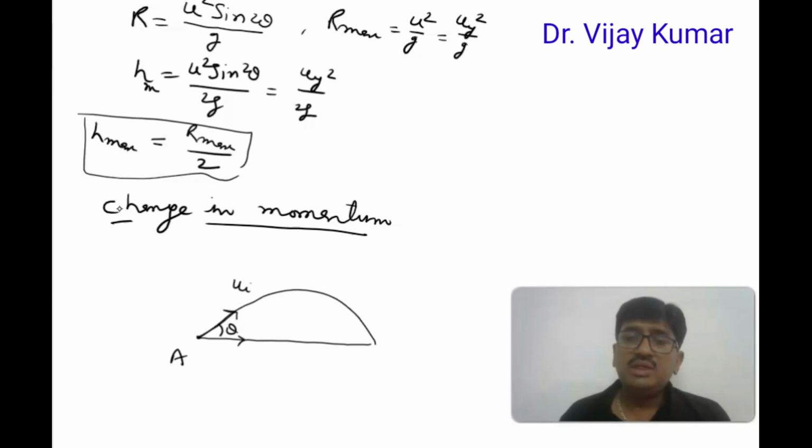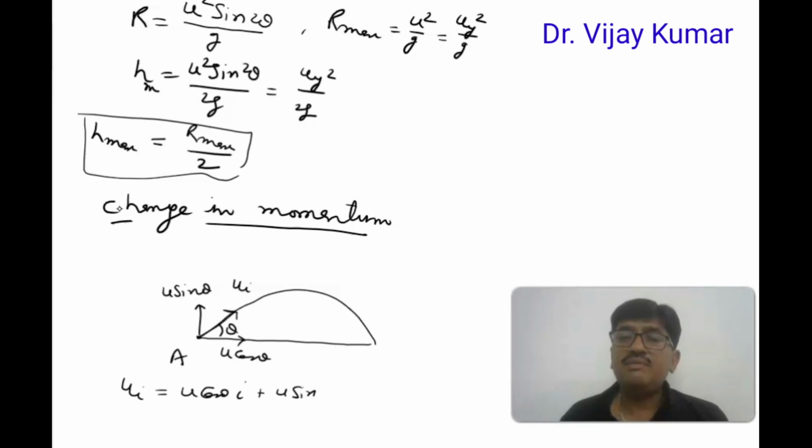We know that this component is u cos theta and this component is u sin theta, and we know that ui is u cos theta i plus u sin theta j.